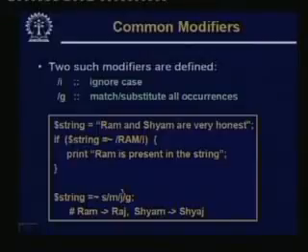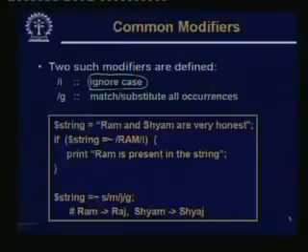There are a couple of modifiers which can modify the meaning of a match or a substitution. One is /i, which is used to indicate that we are doing case insensitive matching. Case can be ignored. That means we do not make any distinction between lowercase and uppercase.